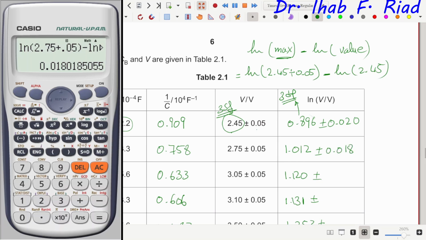Okay, let me do the rest with you. ln of 3.05 plus 0.05 minus ln of 3.05 is 0.016.